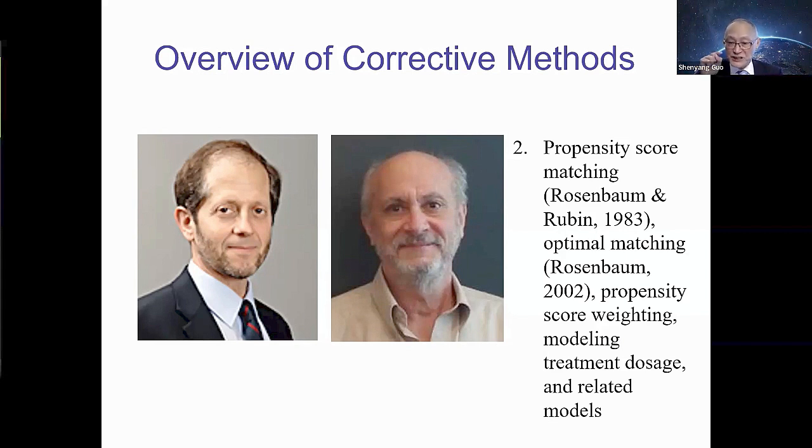So to deal with this dimensionality problem, propensity score analysis basically tries to combine all these variables into one score, the propensity score.